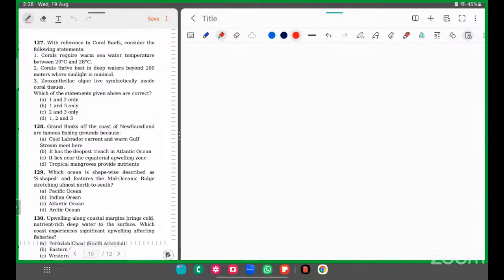B. It has the deepest trench in the Atlantic Ocean, which is not the correct answer. It lies near an equatorial upwelling zone, which is also not correct. And tropical mangroves provide nutrients, which is also not correct. The answer will be A. Cold Labrador current and warm Gulf Stream meet here.